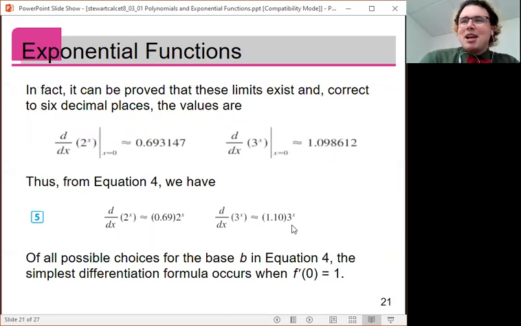And here is what I was saying before, that d dx of 2 to the x is about 0.69 times 2 to the x. Here again, our squiggly equal signs are saying that I'm zoomed out too far to really tell the difference. And here, d dx of 3 to the x is about 1.10 times 3 to the x.